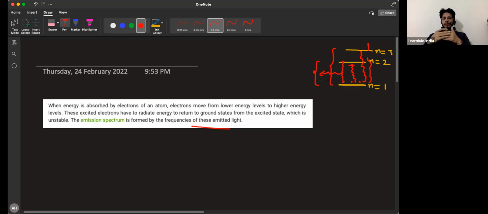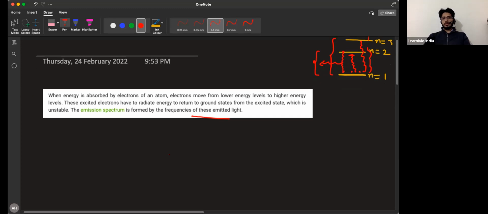Is this statement clear? So you can conclude that electrons will absorb only those frequencies corresponding to the difference in energy levels. Electrons will not absorb all frequencies.